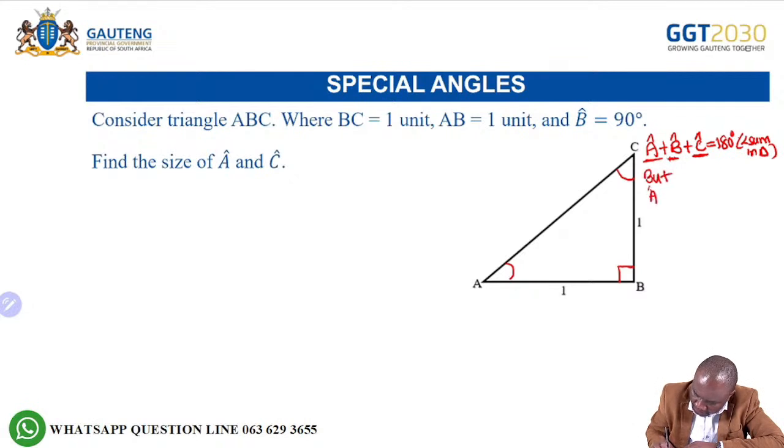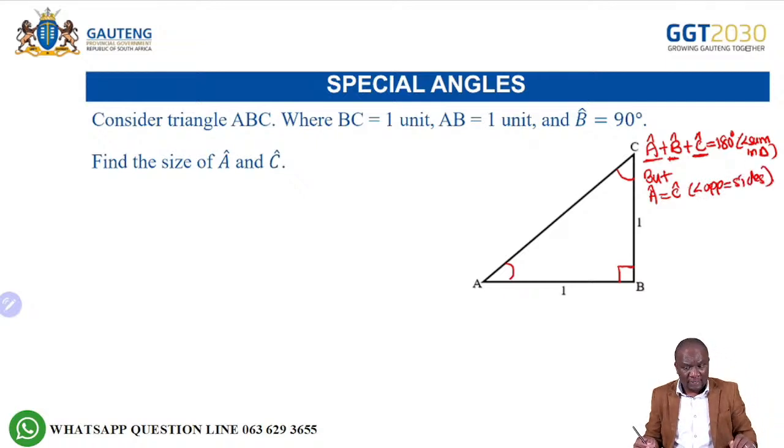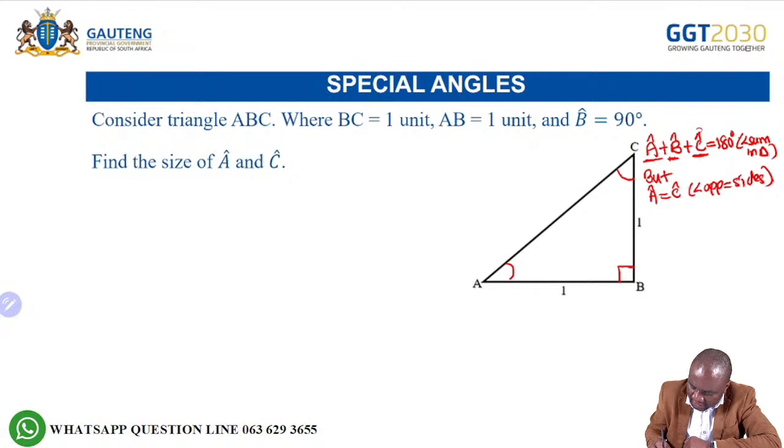Angle A is equal to angle C because these are angles opposite equal sides. You did this in grade 9, okay? So angle A and angle C are equal, which means we can replace angle C here with A. So it's going to be A plus A.